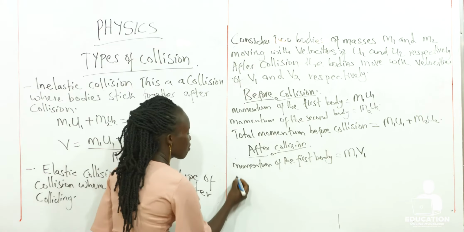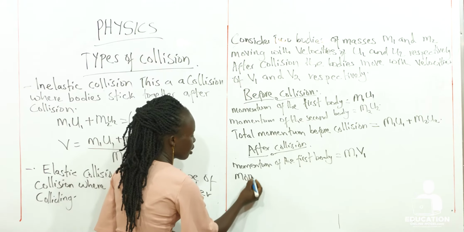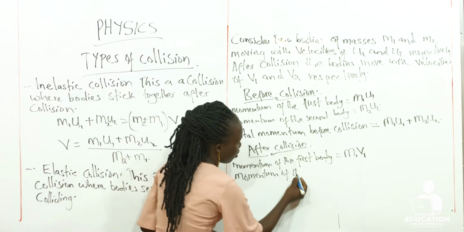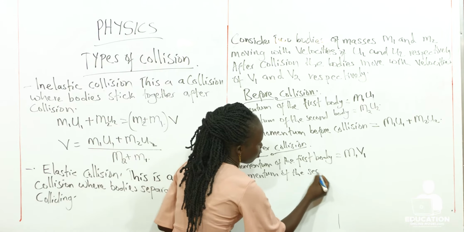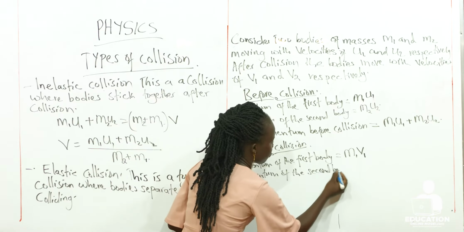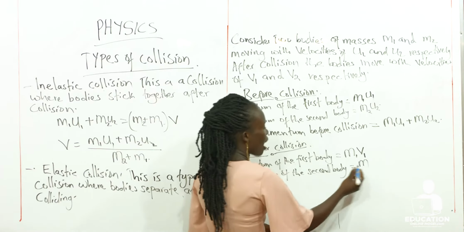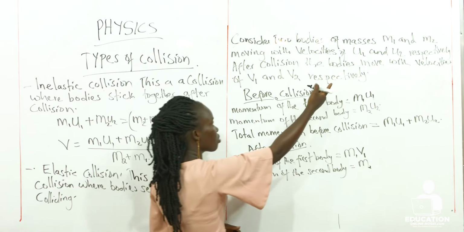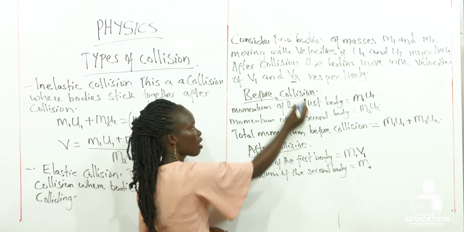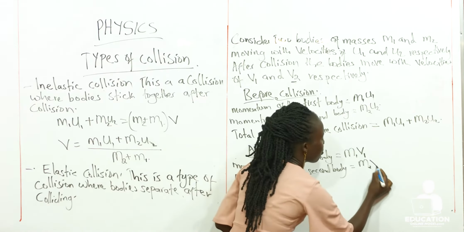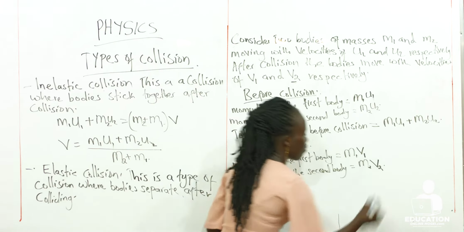Then we also have the momentum of the second body, which will give us the mass of that body. And after crashing, what happens to the second body? It started moving with the velocity of V2. So we shall multiply it by the mass of that body.